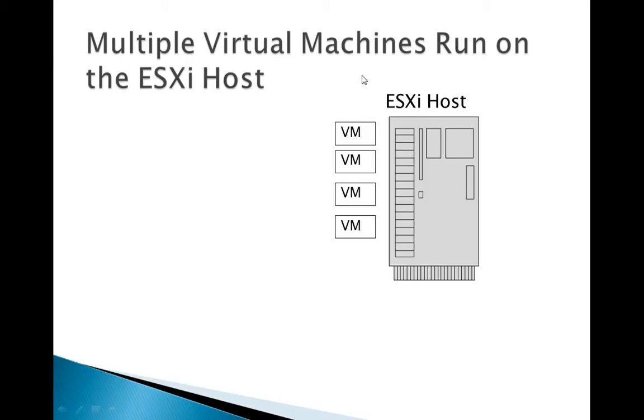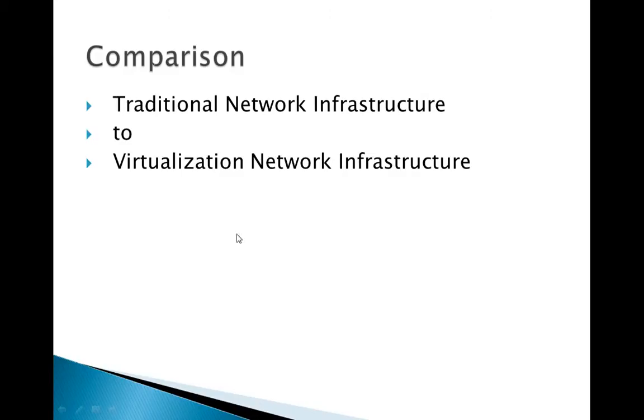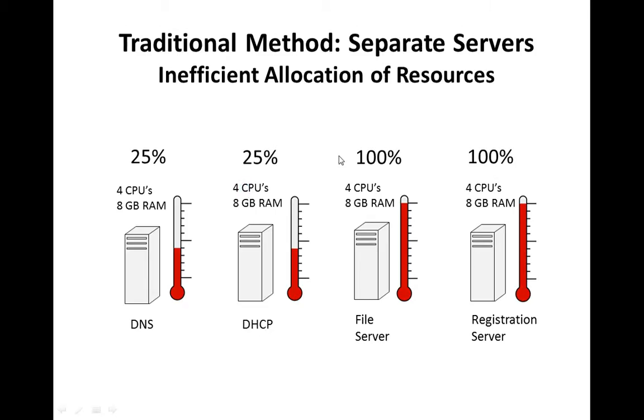Multiple virtual machines run on the ESXi host, and each server is assigned a different number of CPUs, amount of RAM, and disk space, and the reason we do it is for efficient resource allocation. If we compare the traditional server-based network infrastructure to a virtual network infrastructure, we will see in the traditional method we have some servers which are totally maxed out and other servers which are only operating at 25% of utilization.